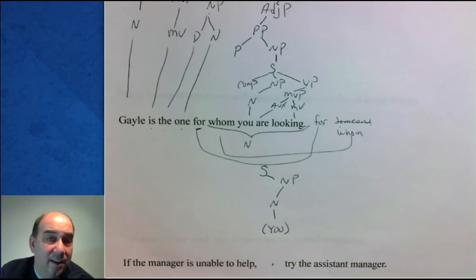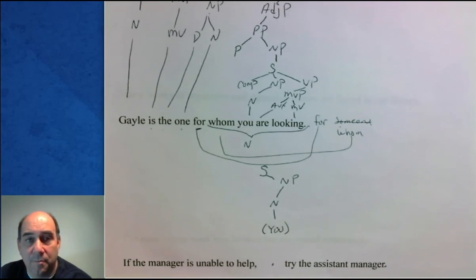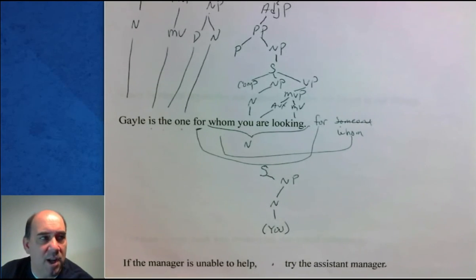Now, when you're doing commands, the subject is not there, right? When your mother says, come here, right? When you say to your boyfriend, get out of here, you're not using the subject, you, so it's not there. So this is a command, so the subject is not spoken, but it's there.